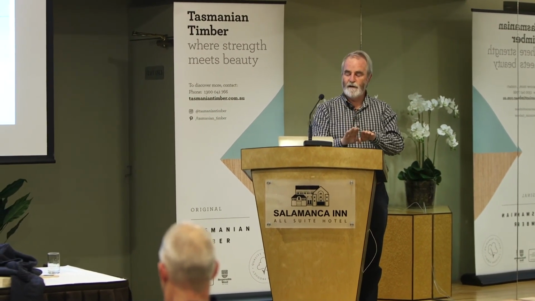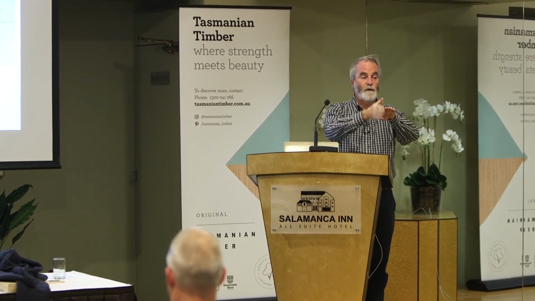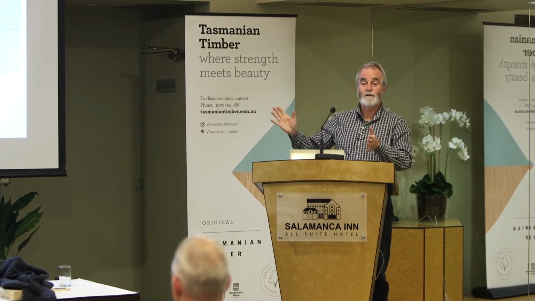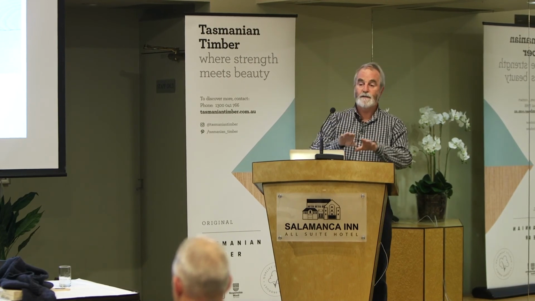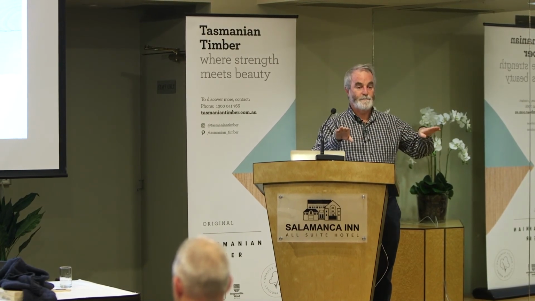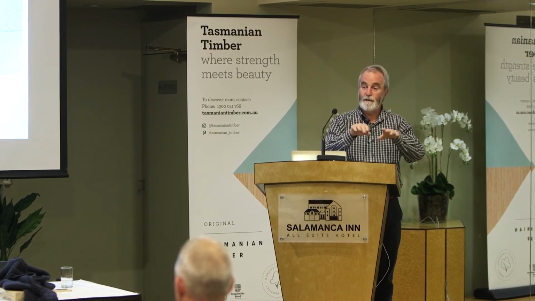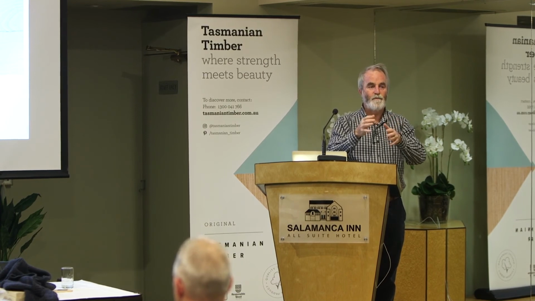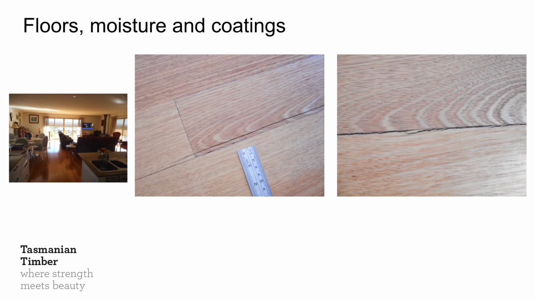Polyurethane is a marvellous glue. So the polyurethane got in between the boards, the job dried out, the boards got smaller, people have a wood heater, and all the boards are stuck together. So instead of the boards being able to move individually, they stick together and they move in one spot, and you get this big gap, which is really quite noticeable.